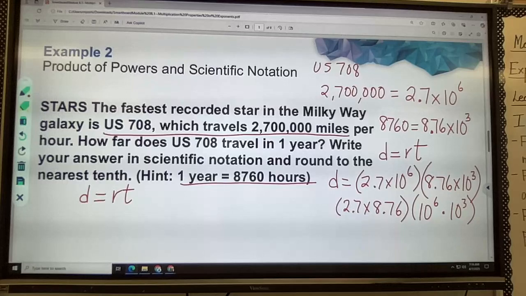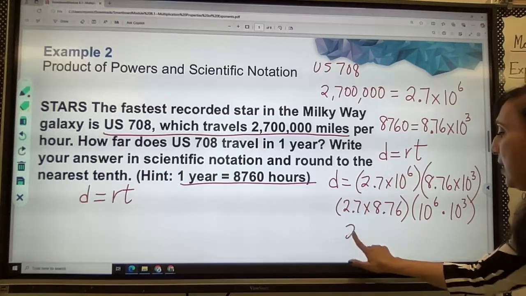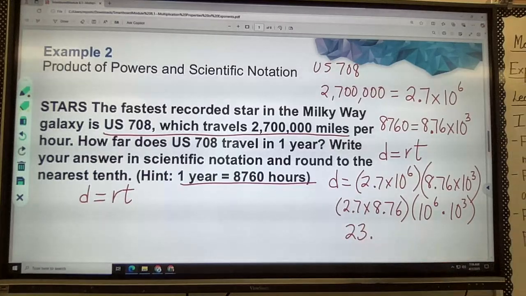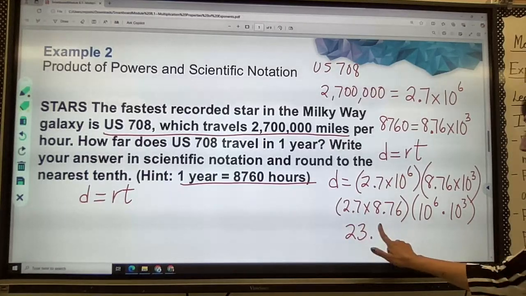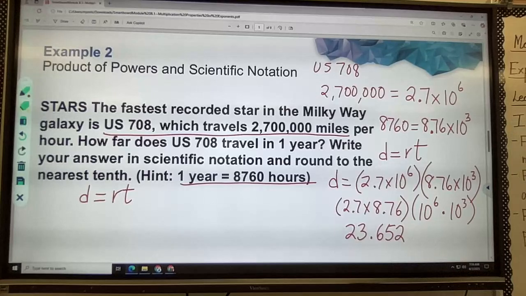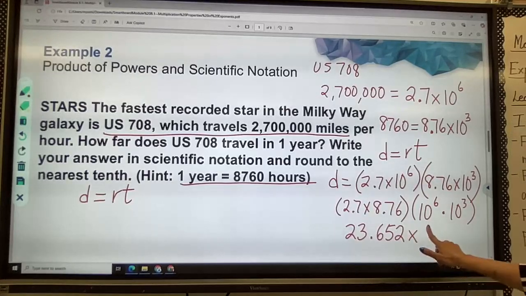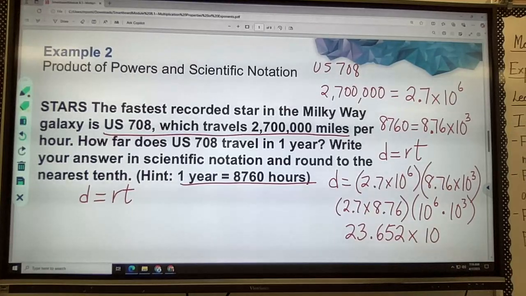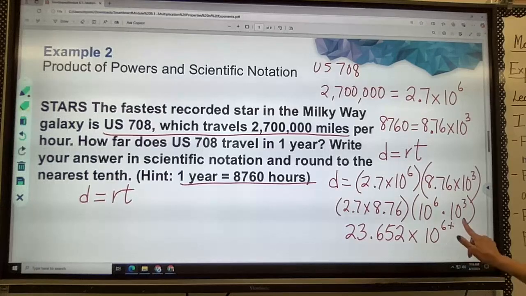Once we multiply this, we are getting 23.652 times 10, and we are now going to do the product of powers, and I do 6 plus 3.